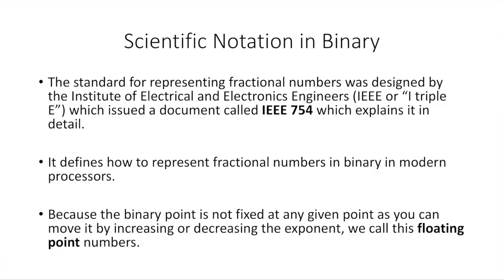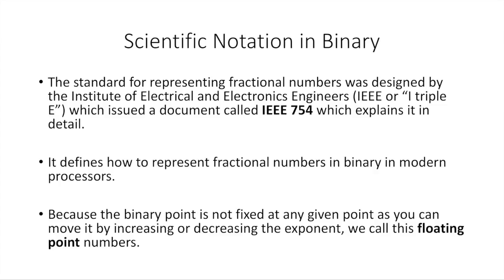There's an institute called the Institute of Electrical and Electronics Engineers. IEEE, which we say as I-Triple-E because there are 3 E's. They issued a document, and they issue documents so that things are standardized. If the document is issued, then everyone can do the same thing.